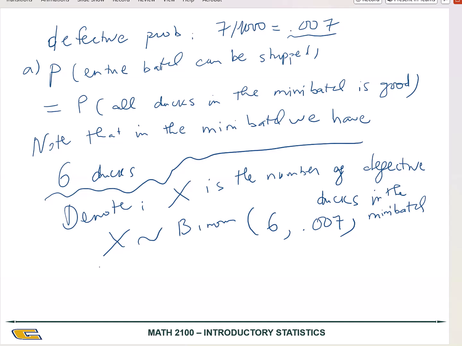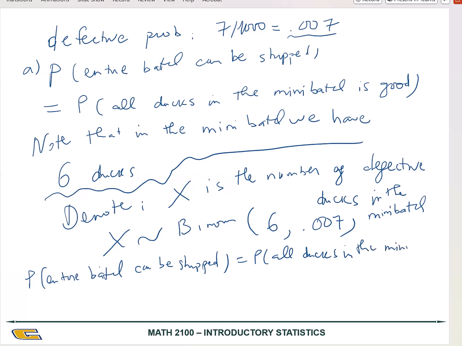So we write it here: entire batch can be shipped equal to all ducks in the mini batch are good, equal to the number defective in the mini batch is 0, right? Because if we don't have any defective, all ducks in the mini batch are good, right?